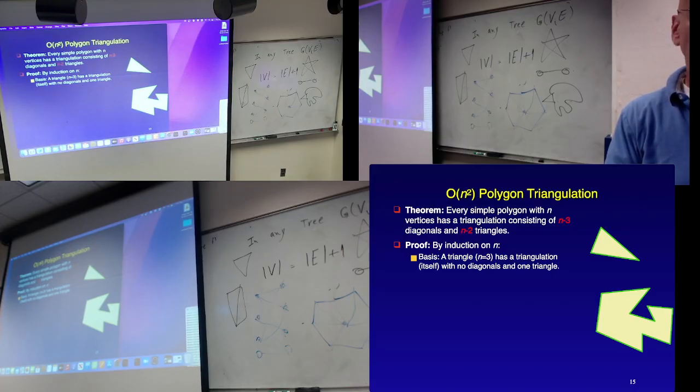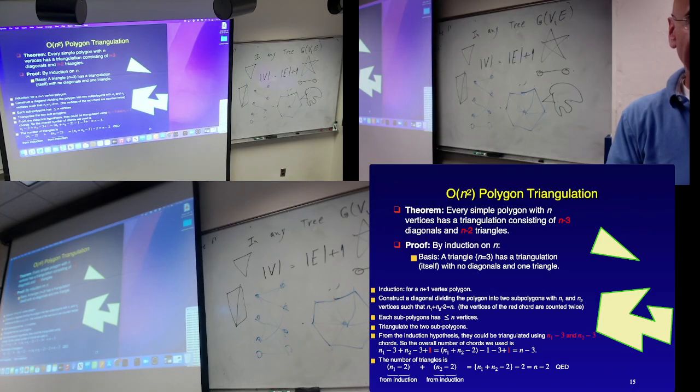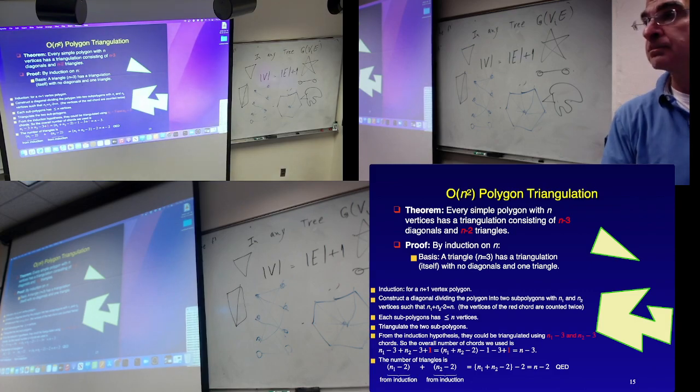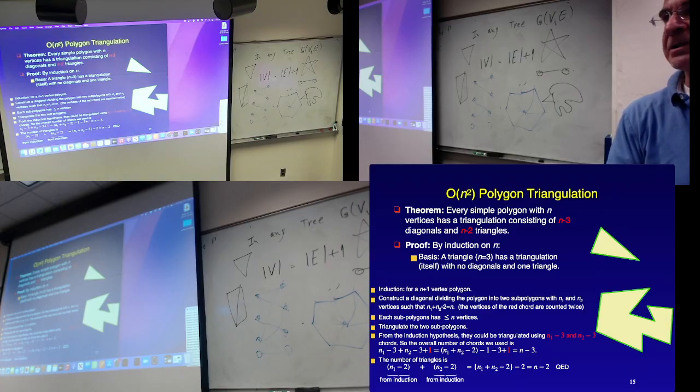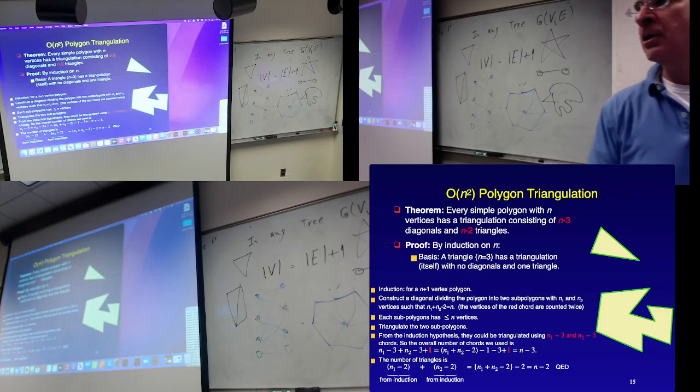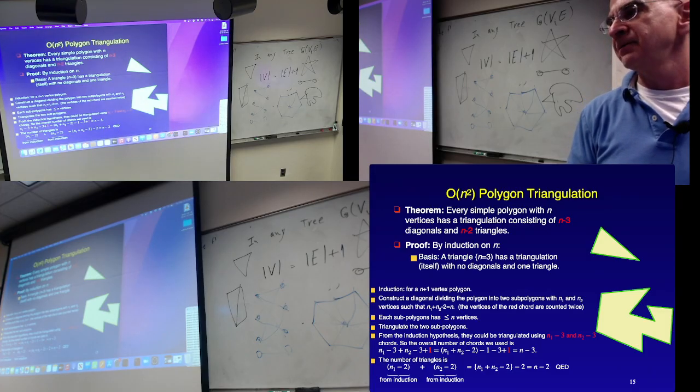So here is a polygon with n plus 1 vertices, and that's the first polygon with so many vertices that I see. So far I've seen polygons with n or fewer vertices, and my proof is correct for every polygon with n or fewer vertices.